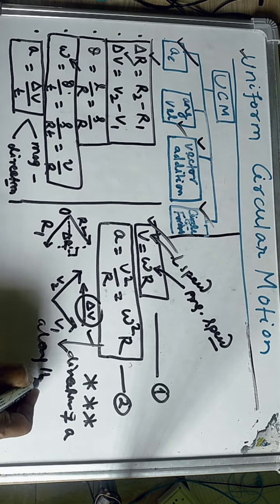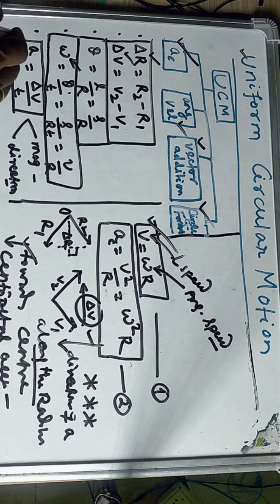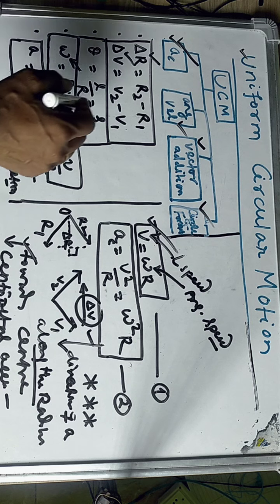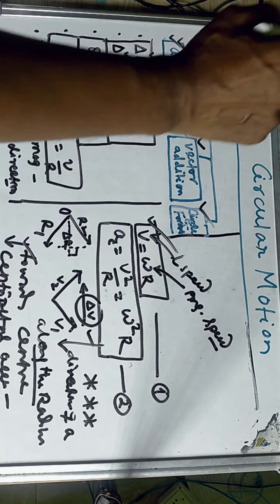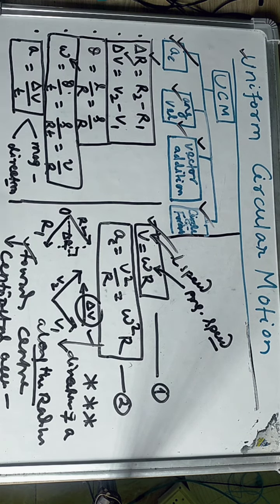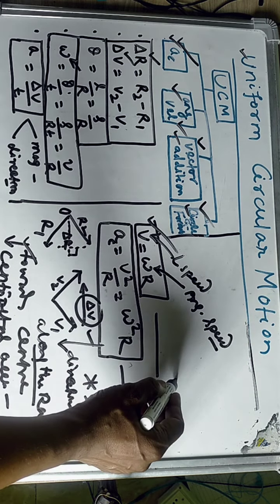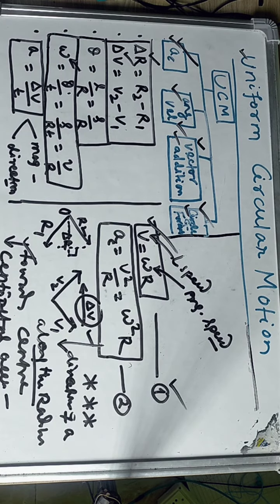With this, we have covered uniform circular motion, in which we used the formula for acceleration, the angular relation with the linear, the vector addition, and the circle geometric formula. The resultant we got is v is equal to omega r and a_c is equal to v square by r, or a_c is equal to omega square r.